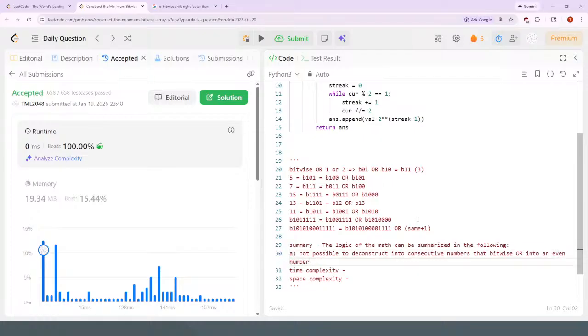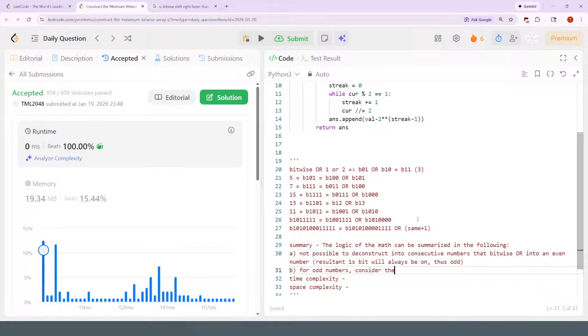It's just the ones bit, and the consecutive OR of the consecutive numbers is going to make it odd. And then for odd numbers, which is the case, it is actually doable.